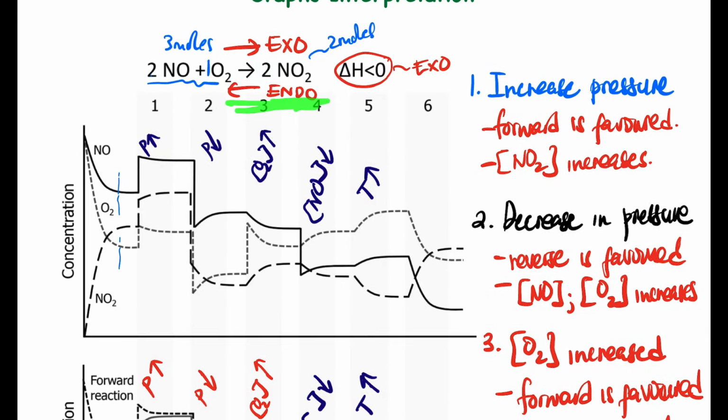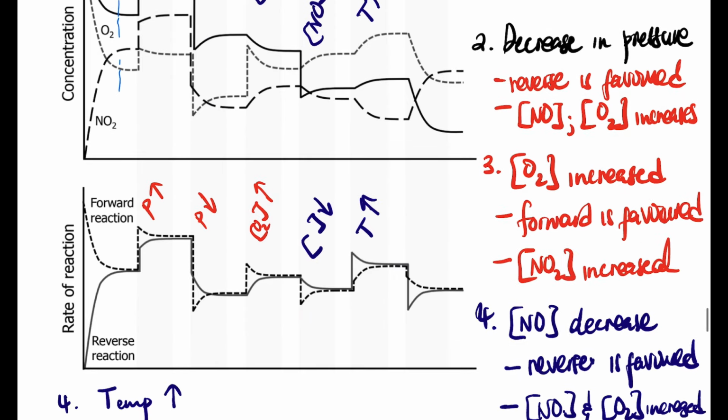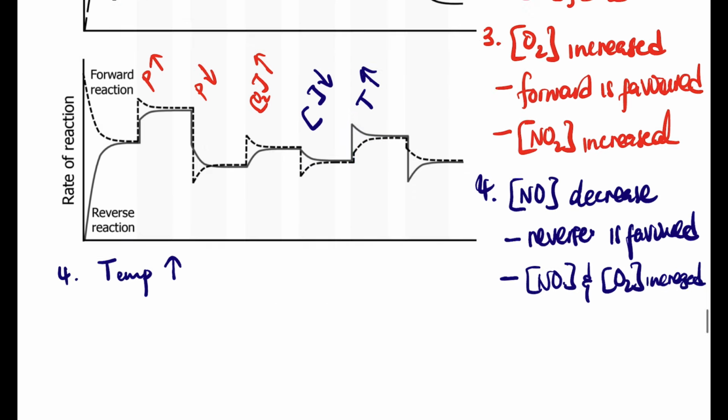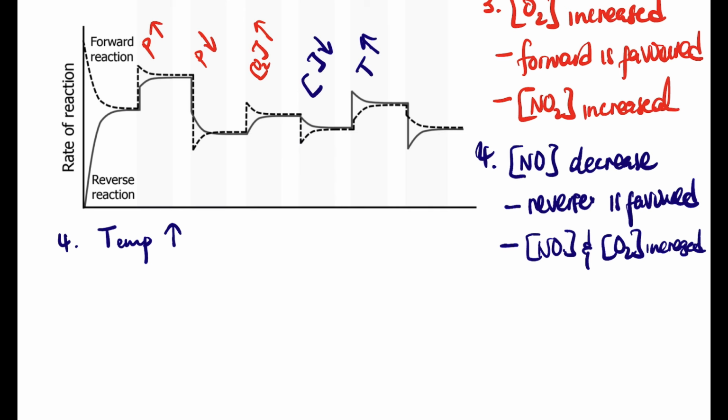So reverse is favored, that means it's endo. So if endo, we know theoretically endo is the reverse. Endo is an increase in temperature. So this one increases more and this one increases less up until they reach equilibrium there. So the reverse is favored, which is, so what we can say here in terms of writing, we can say reverse is favored, right?